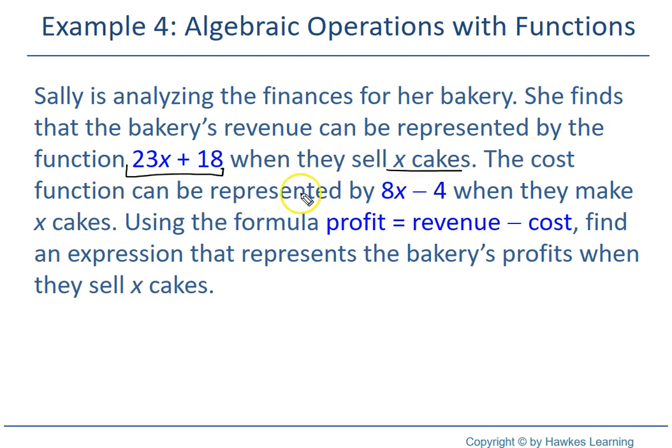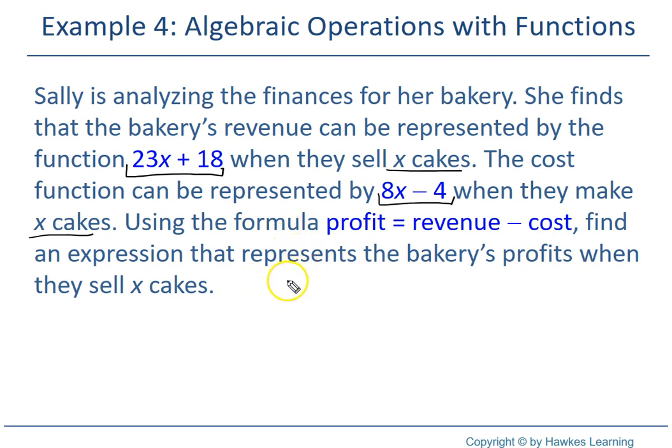The cost function can be represented by this, when they make the cakes. Using the formula profit equals revenue minus cost, find an expression that represents the bakery's profits when they sell x cakes.